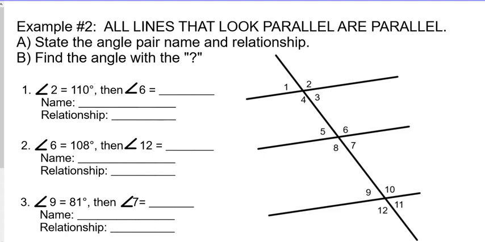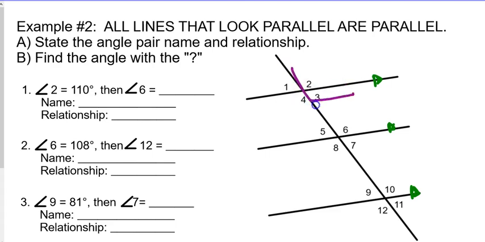Now, all lines here that look parallel are parallel. If you want to make sure you remember, you can just write little triangles here to remind yourself these are all parallel. Now, here's the thing. The escalator works on every line.